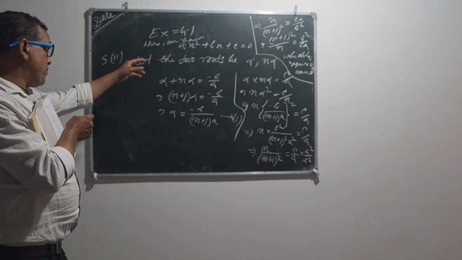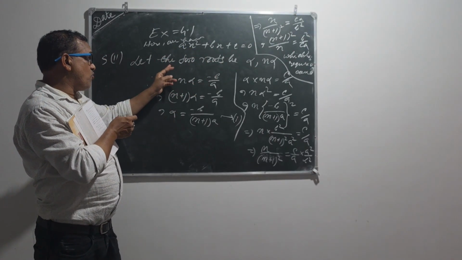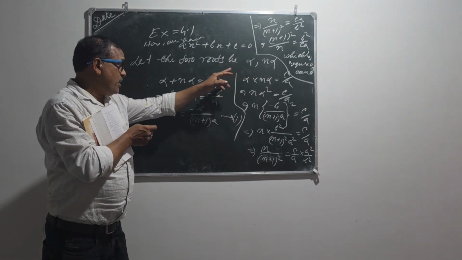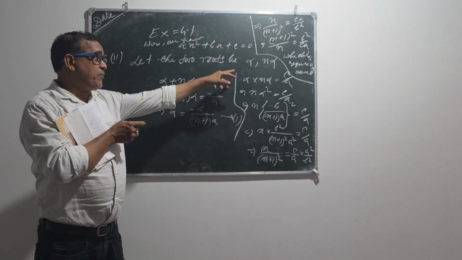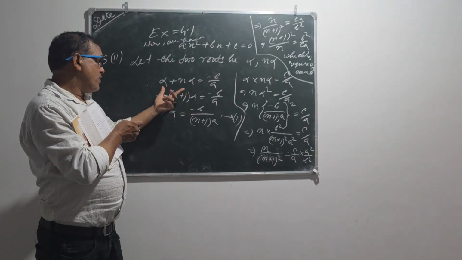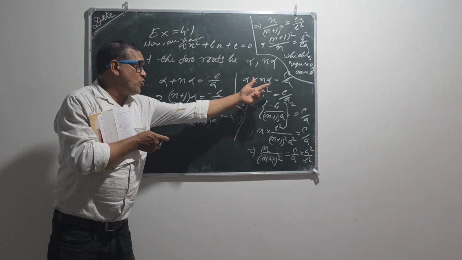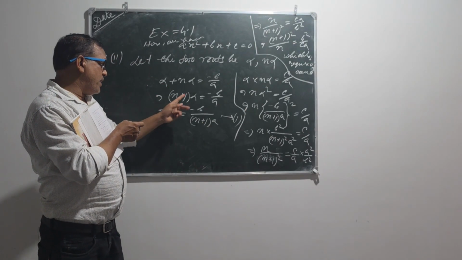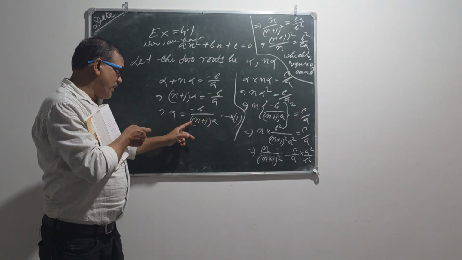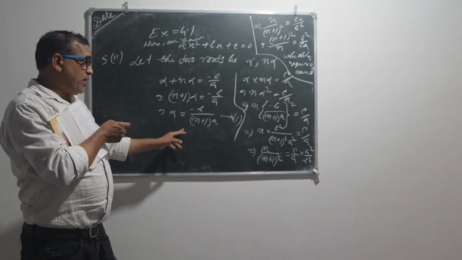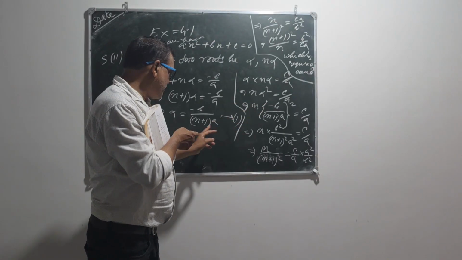So, if we have given one equation like this, ax square plus bx plus c equal to 0, then we can assume the roots as alpha comma n alpha, because one root is n times the other. So if one root is alpha, then other root will be n alpha. Then by applying the formula for sum of the roots minus b by a and product of the roots c by a, so alpha is common, then the value of alpha will be alpha equal to minus b by a into n plus 1. This value we can substitute in the right side, that is alpha can be replaced by this one.